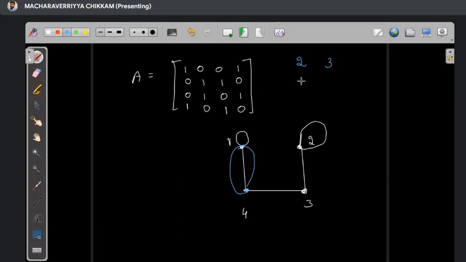If you take a simple undirected graph with loops, then the diagonal entries are 1. The other entries either 0 or 1. But if it is not a simple graph, then you will have the entries other than 0 and 1. Only thing you'll have positive integers only.